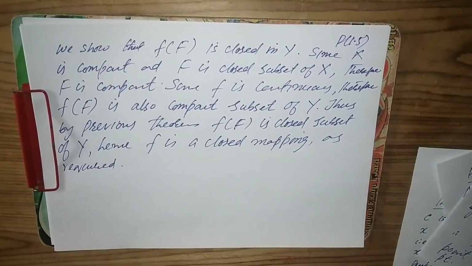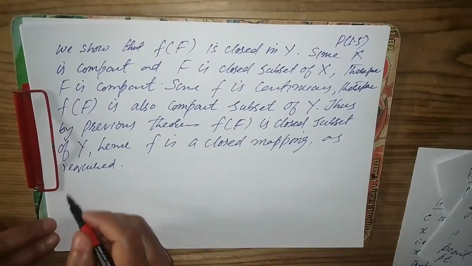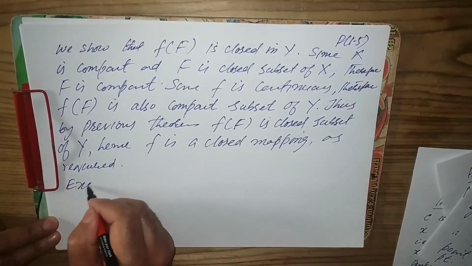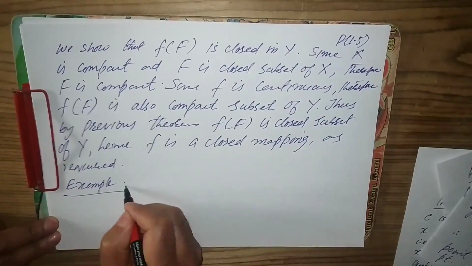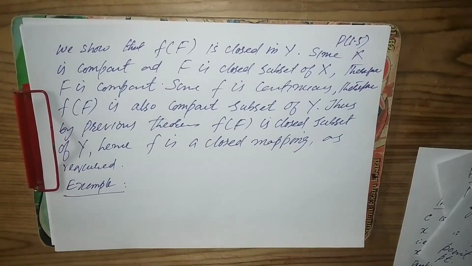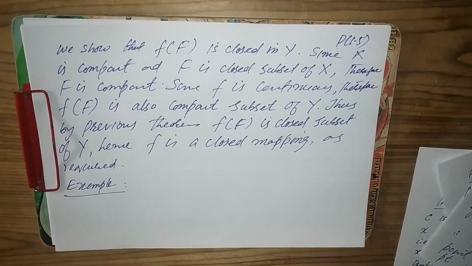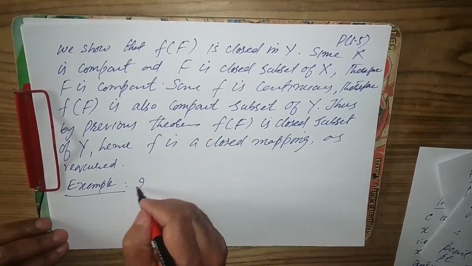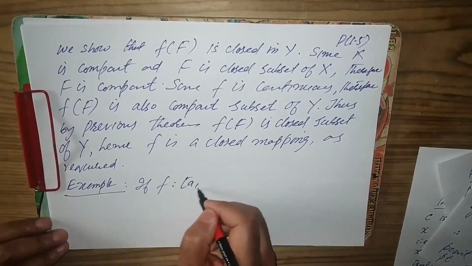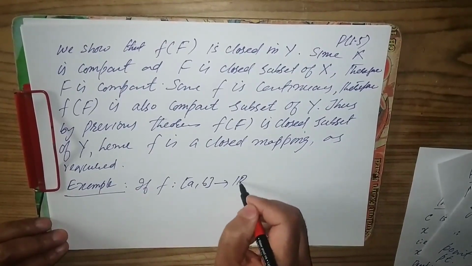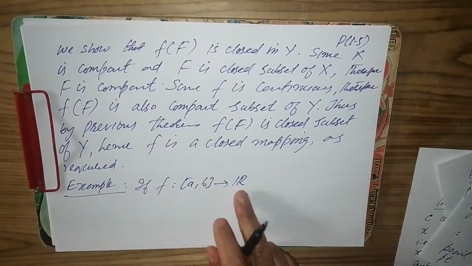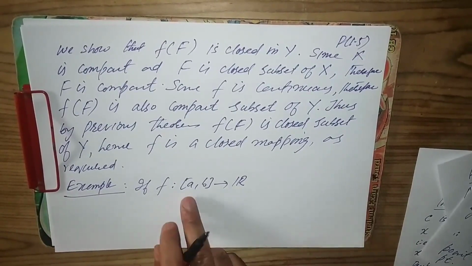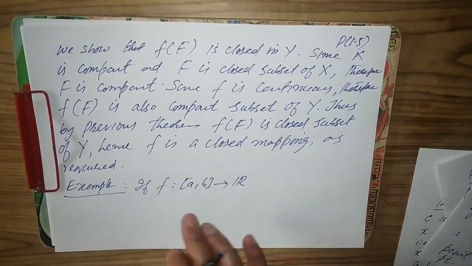So in particular, let's see an example here. We know that the compact subsets of the real line are precisely the closed and bounded sets. So if f is a map from A to B, subsets of the real numbers, and we know that it's a metric space, and every metric space is a Hausdorff space, and this one is a compact subset of R. So it's a mapping between a compact set and a Hausdorff space.